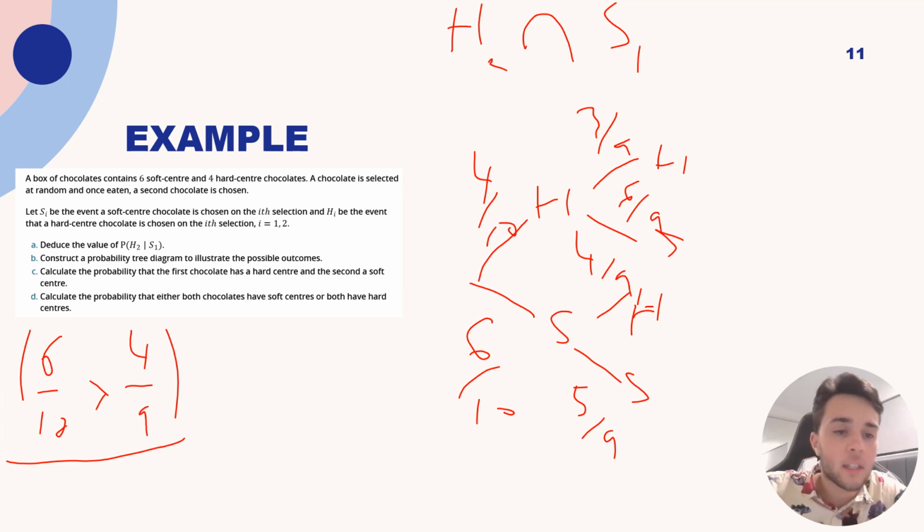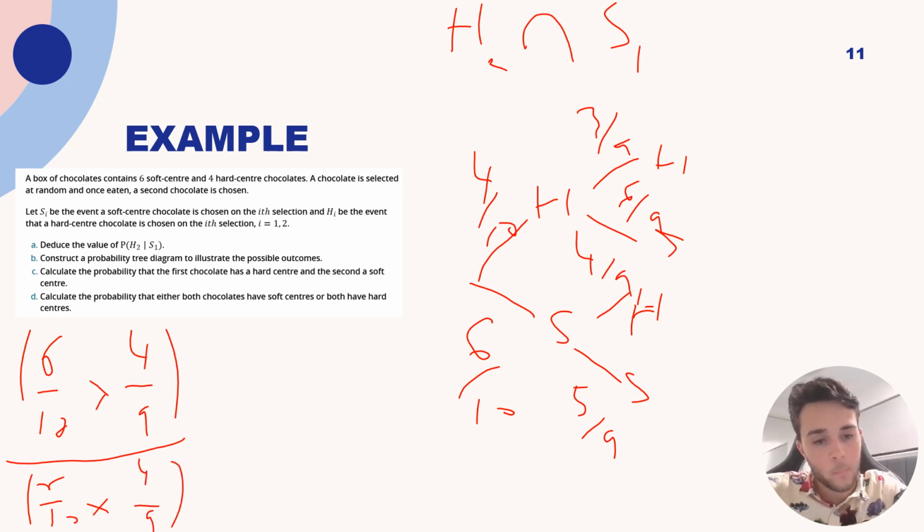And then that's going to be divided by the probability of S1. So that means the probability of having soft first, which will be soft hard or soft soft. So in this case, it'll be 6 over 10 times 4 over 9, added on to 6 over 10 times 5 over 9.